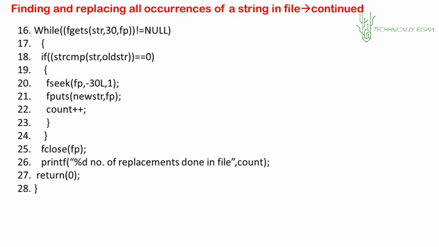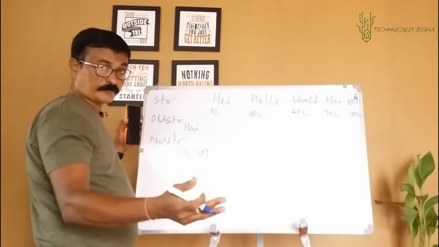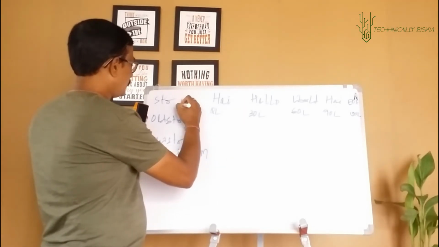If it matches, what I am doing, I will explain it to you on the board. So first of all, on the board, let me tell you what I should do. Alright. So let's discuss the while loop now. str. First string which I read according to the program, it contains "hi".